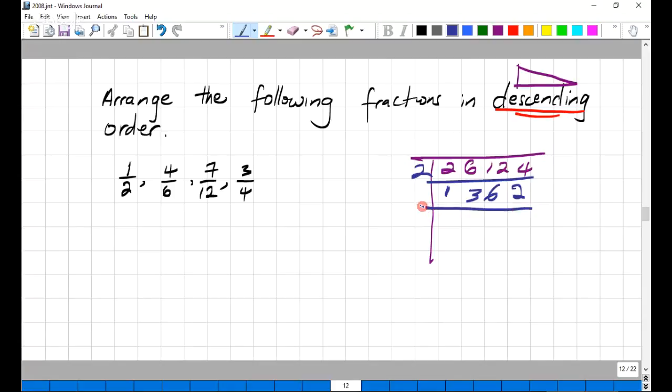Which number do I continue with? 2. Okay, I'm going to use 2 until all even numbers are done. 3. And 1. And then we use 3 again.